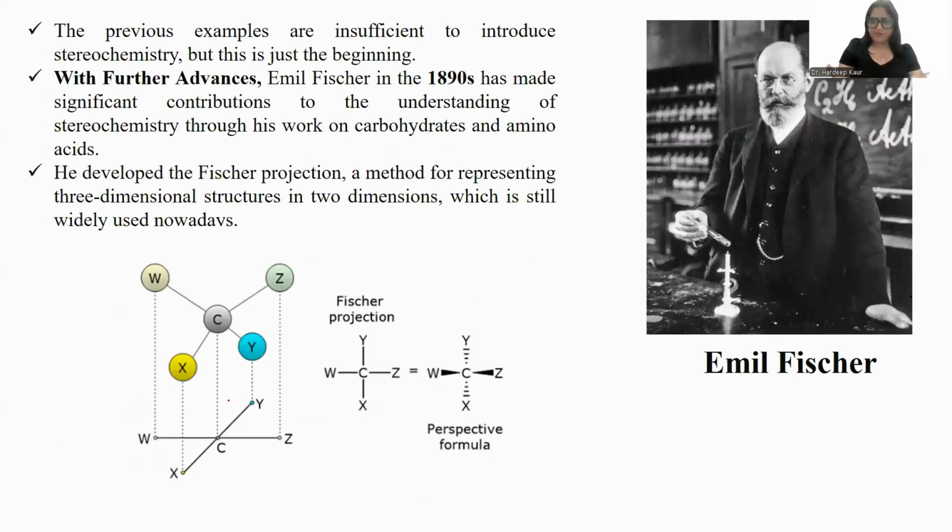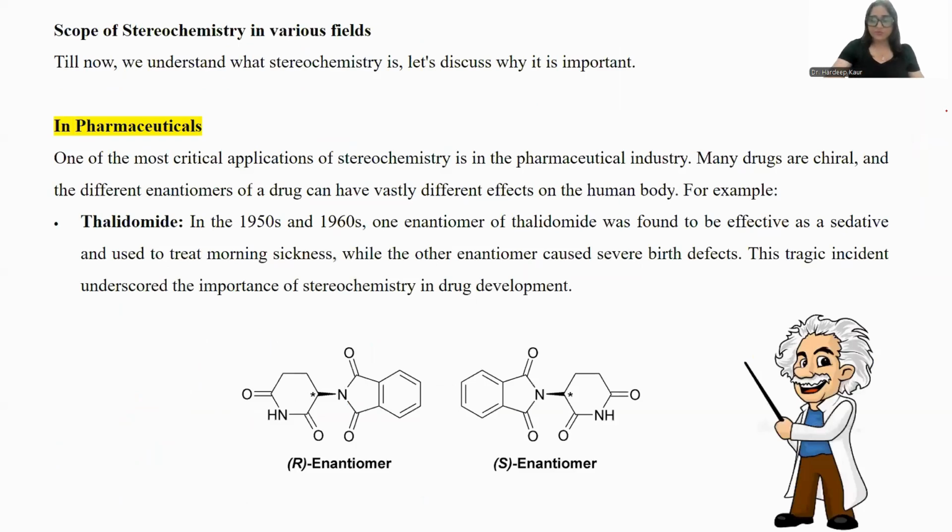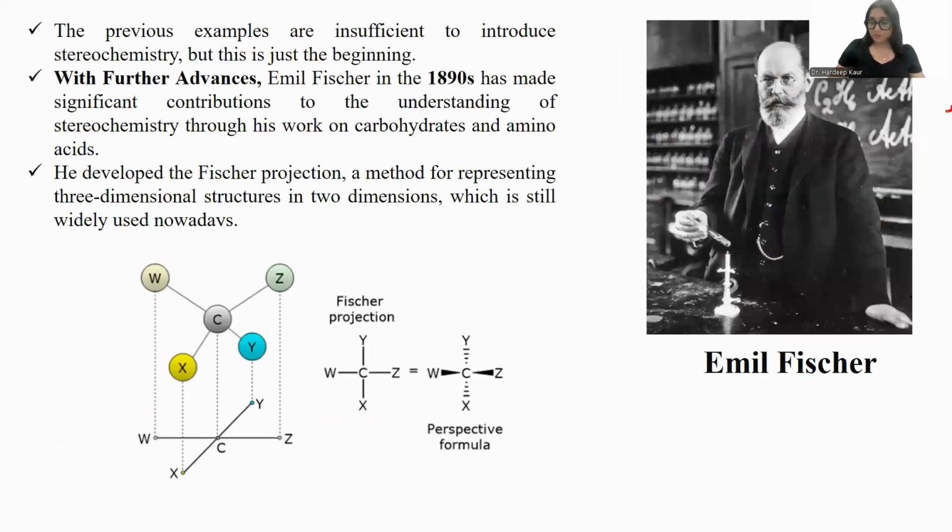Even with the two examples we have given, that was not sufficient to introduce the application of stereochemistry. Another very important aspect was given by Emil Fischer in the 1890s, who gave a very important formula called the Fischer projection formula.